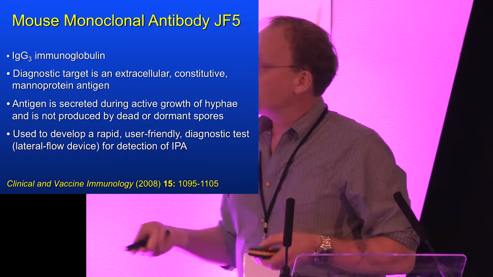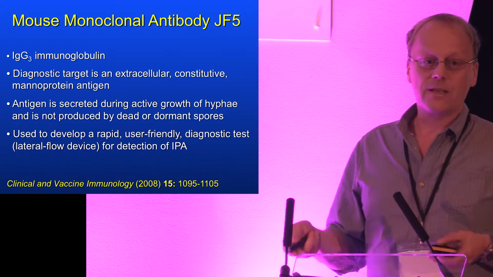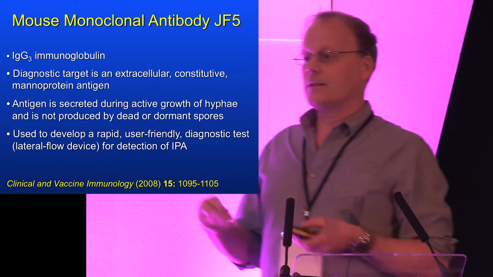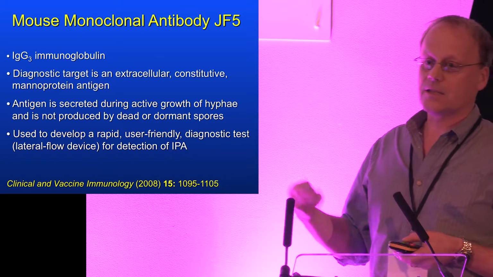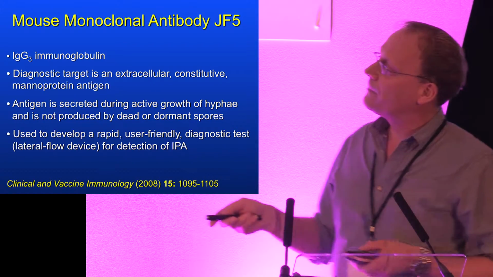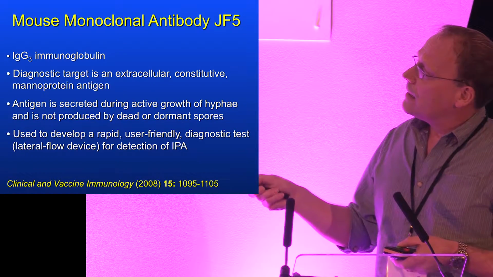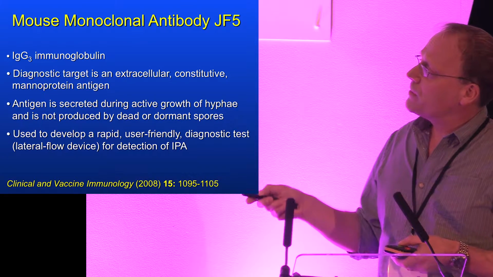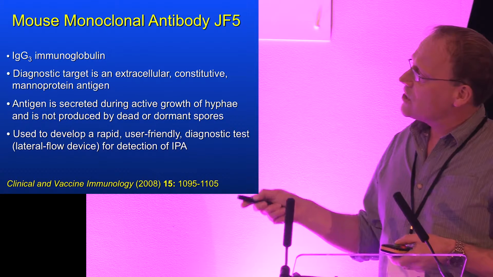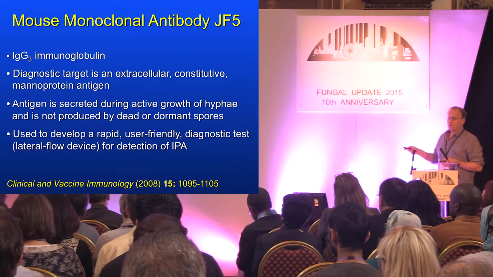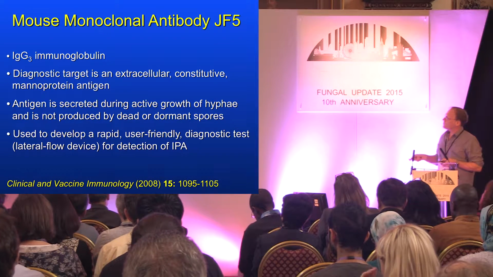Aspergillus produces buckets of mannoprotein during active growth. There's a huge family of mannoproteins, a superfamily, it's not just galactomannan. So it's a great target because it's produced in huge amounts, and the antigen is secreted during the active growth phase. It's not produced in dead or dormant spores.